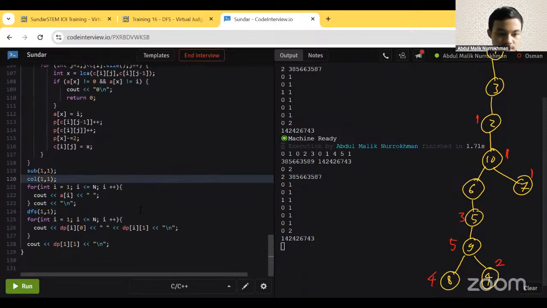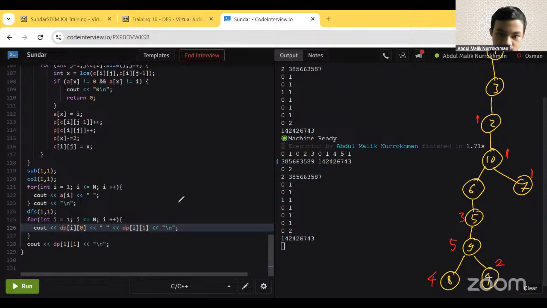All right, so then I try to output the dynamic programming, and let's see. The dynamic programming for 8. Okay, let's write a number here. 1, 2, 3, 4, 5, 6, 7, 8, 9, 10.